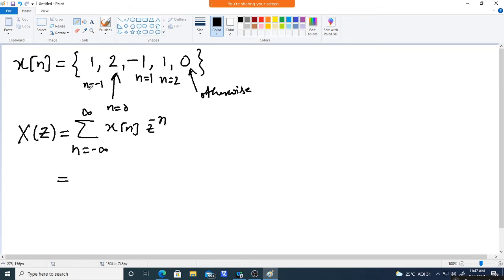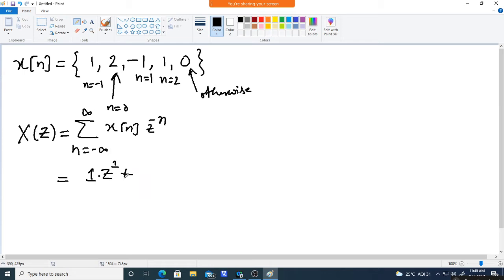If I take n equal to minus 1, x of n will be 1, so 1 into z power minus of minus 1, which is plus 1, that is 1 into z power 1.